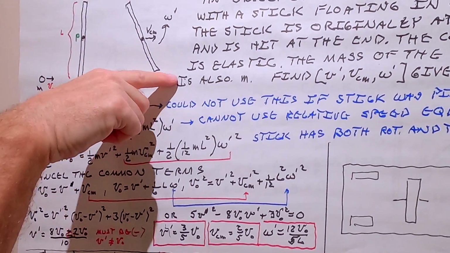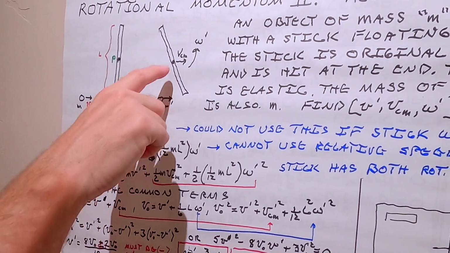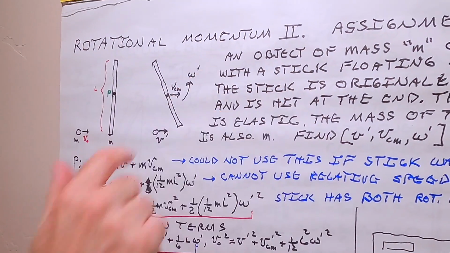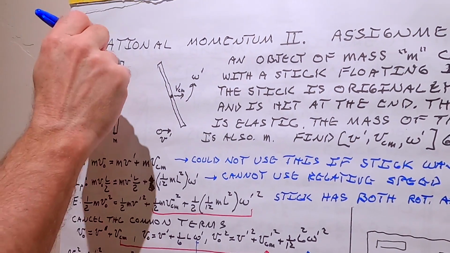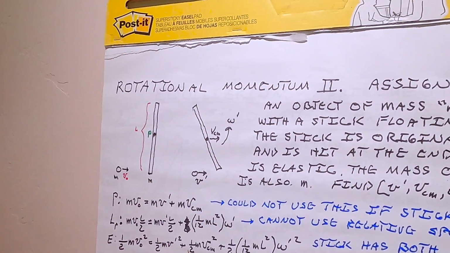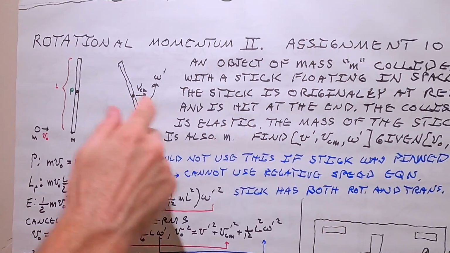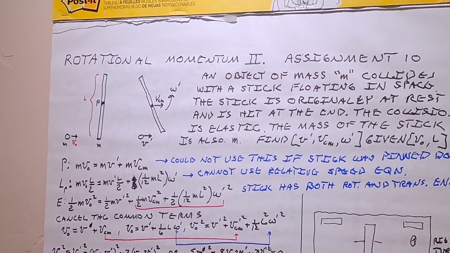Afterwards, this is still moving horizontally, so it's mv prime, plus this is moving horizontally, so that's mv center of mass. If this thing were pivoted at this point, we could not have used momentum because there would be forces on the pivot point, the pin.